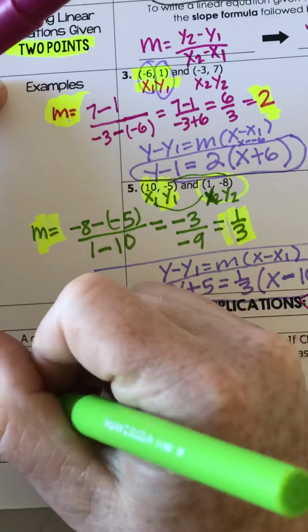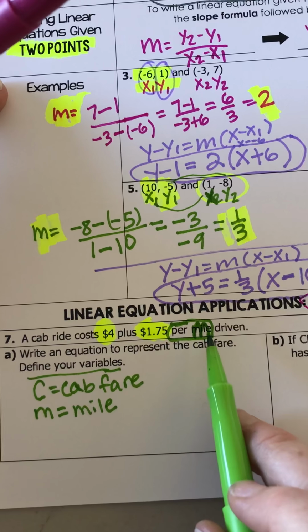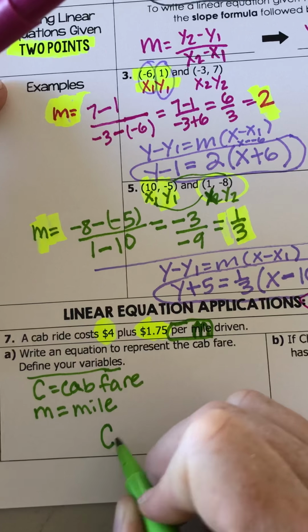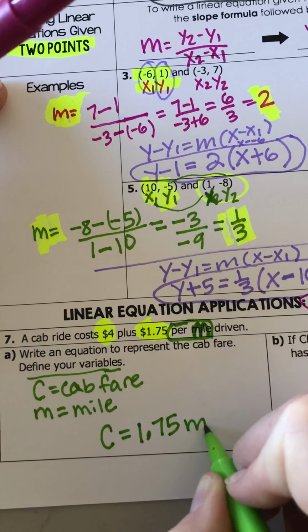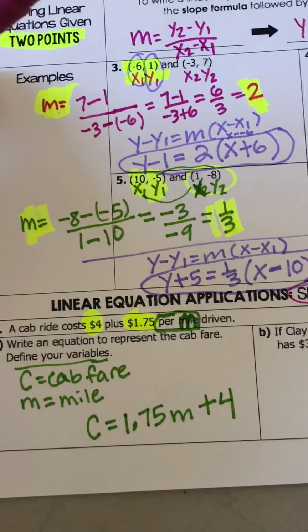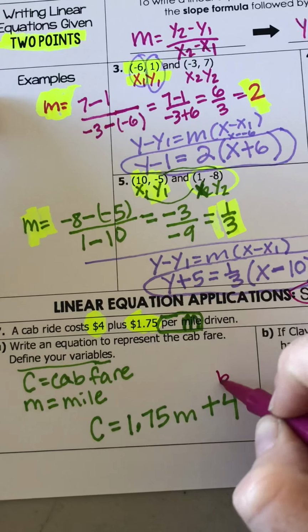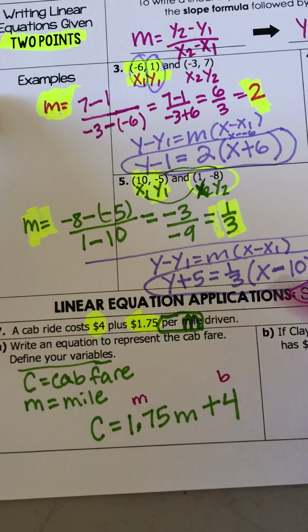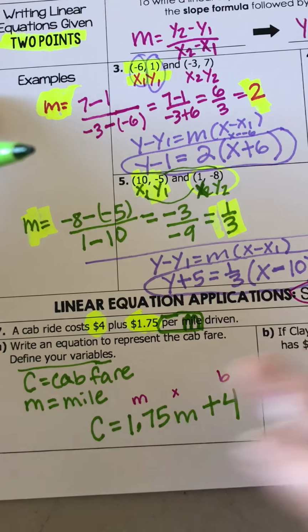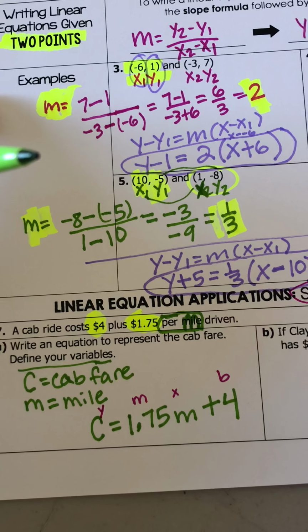So C is going to represent a Y, and M is going to represent an X, because it's per M. Okay, so this would just be C equals 1.75 M plus 4, okay? So it starts at 4, that's like a B, and it's changing by $1.75, and the miles are your X. So that doesn't mean slope anymore, it's just that's what X would represent, and Y would be the total, okay?